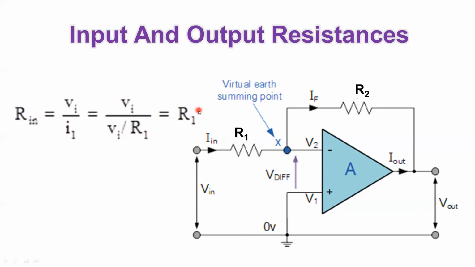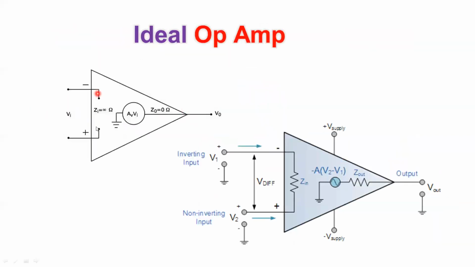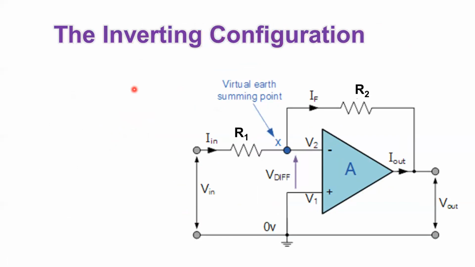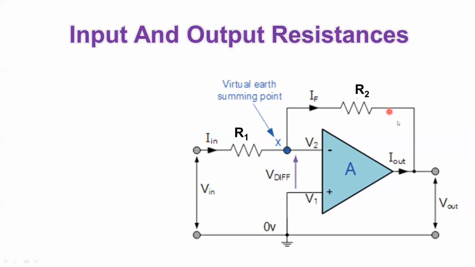And this is a very, very important issue, because ideally, when the operational amplifier looks like that, we call this an open loop configuration, and your input impedance is equal to infinity. But whenever you connect it in this manner, we call this branch a feedback branch, because it feeds back the output to the input.